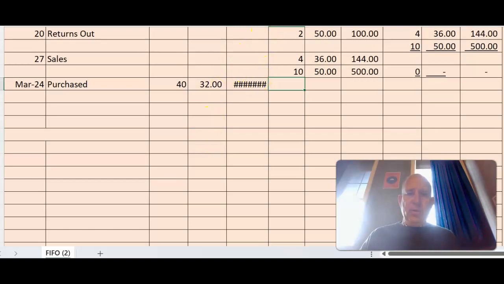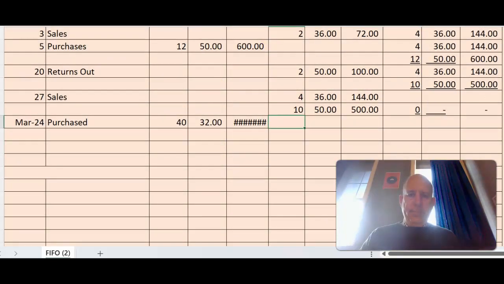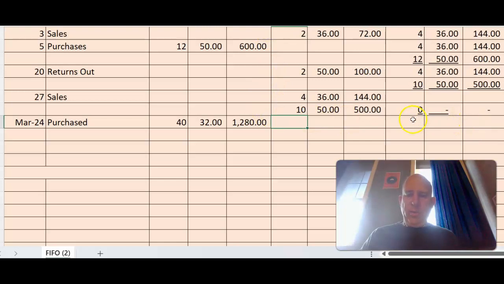If this happens, just double click and it'll open that cell up for us. So now we've got 40 of them, and we went from none to having lots.